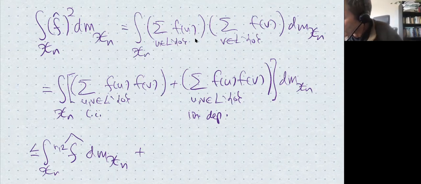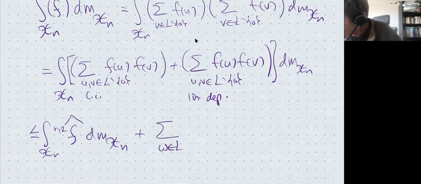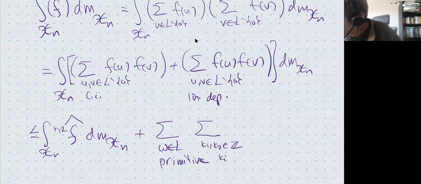So I'm going to take a sum. W is a vector of L, which is primitive. And K1 and K2 are integers, non-zero integers, and let's say K1 is positive.